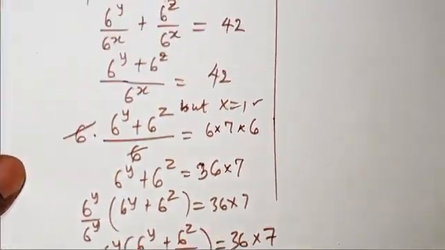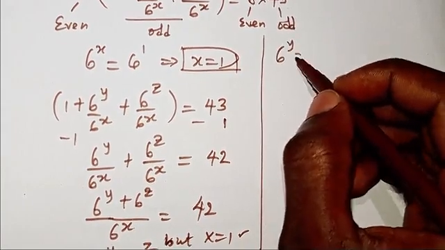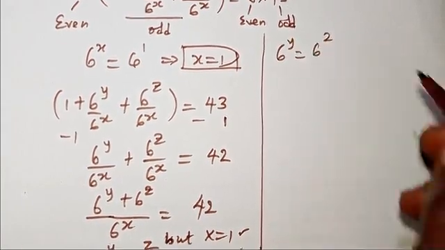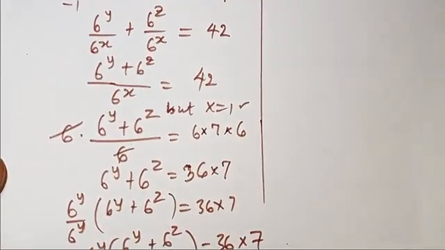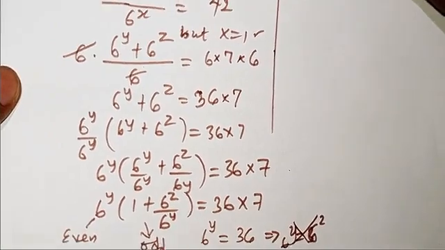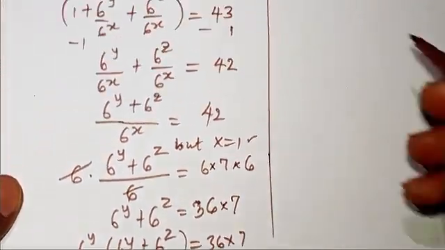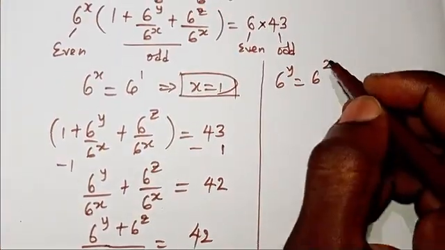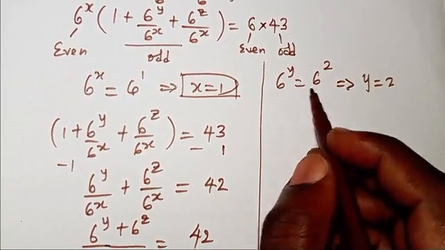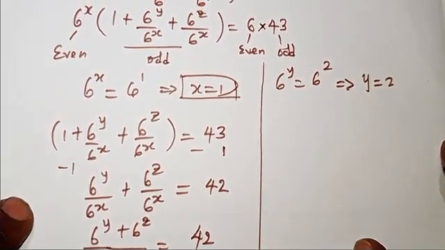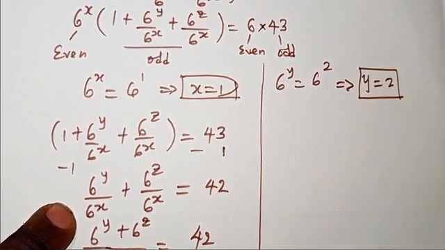I can rewrite this as 6 to power y equals 6 to power 2, because 36 can be written as 6 to power 2. Which implies that y equals 2 because the two bases are the same. Okay, then after that we have another solution.